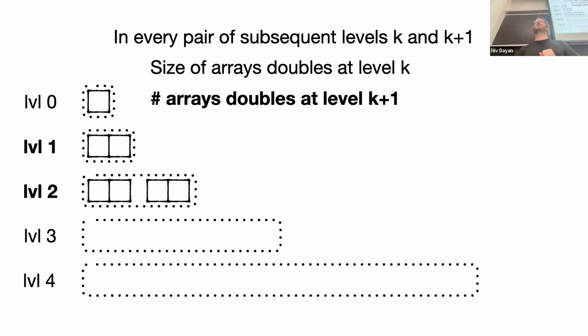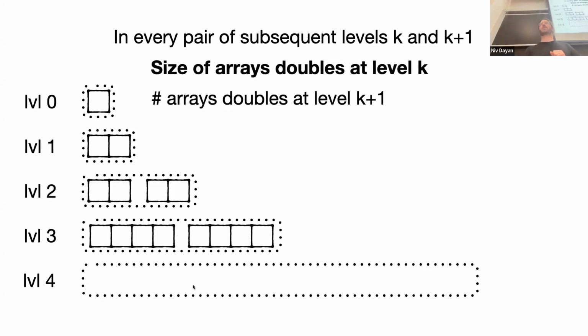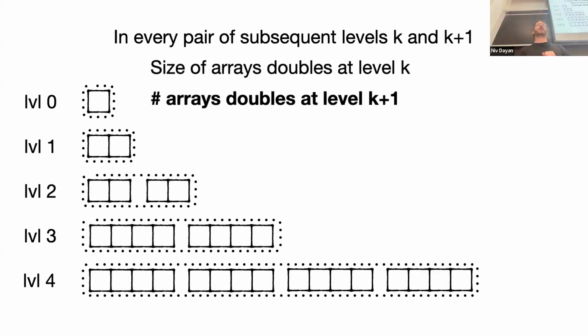It looks a bit strange. So based on these two rules, what should I expect to have here? How many arrays and of which size? 2 arrays of 4, correct? And here? 4 arrays of 4. Yeah, and this is going to continue and continue. So, a regular construction, a little bit quirky.